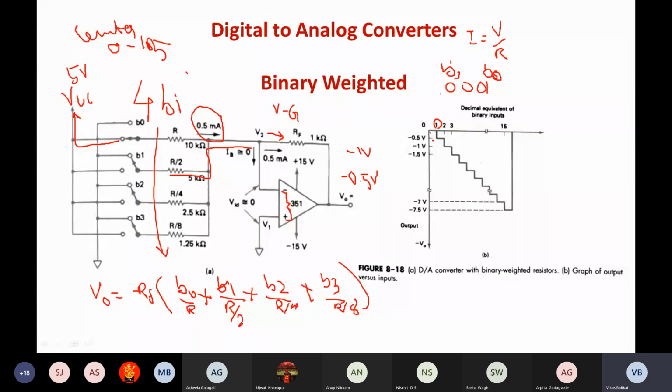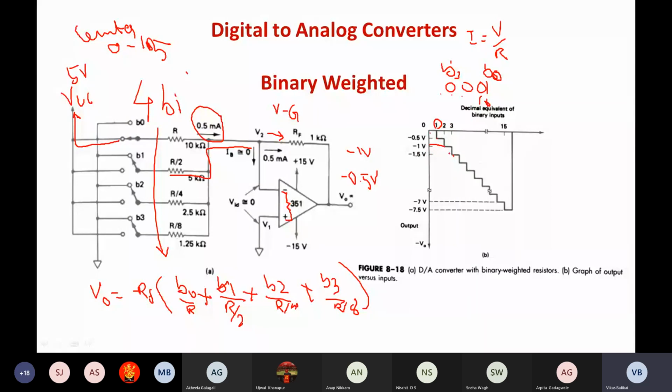So when it is 1, I already get -0.5 volt, so I just mark it. Again for the next condition 0 0 1 0, which is 2, my output is 1 volt, exactly double. Then it changes to 0 0 1 1, for a digital decimal value of 3, and I get -1.5.